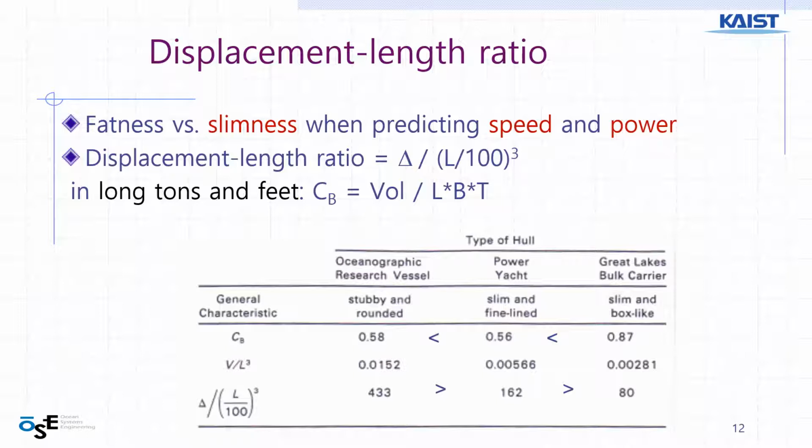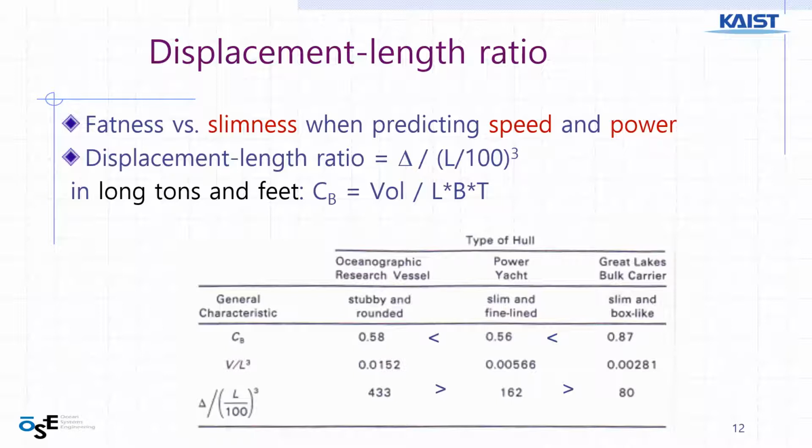So the displacement length ratio is defined by this number: the triangle divided by length to the triple power, but the unit is different, in long tons and feet. If you remember the definition of block coefficient, it looks similar, right? But different. Volume, but displacement is weight.